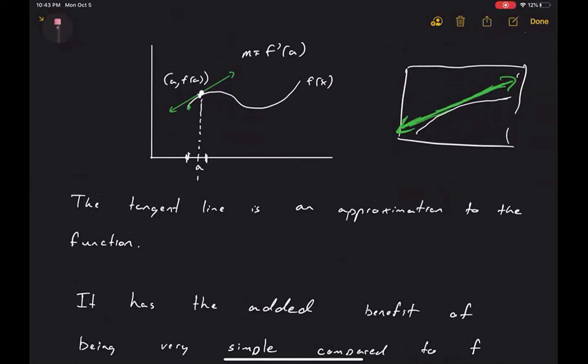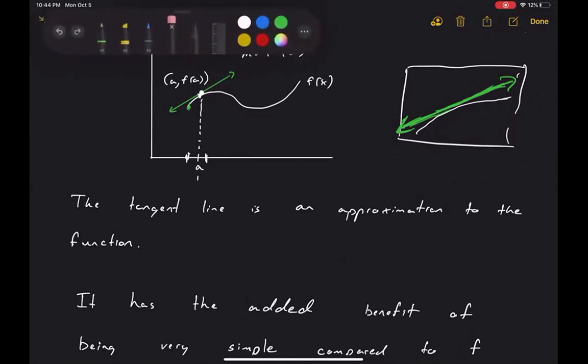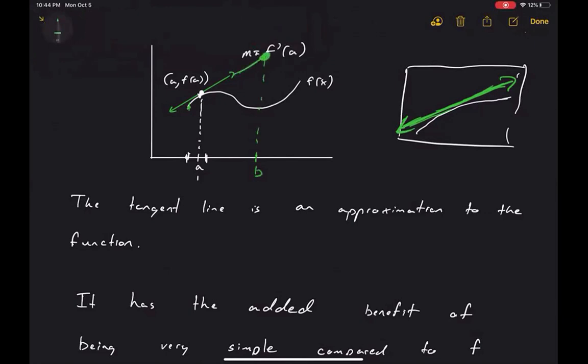If I was trying to use this tangent line to approximate my function at some point B over here, maybe at that point B my tangent line is way up here and my function is way down here. So that's not a great approximation. But if I stay in this little neighborhood of A, it is a pretty good approximation.